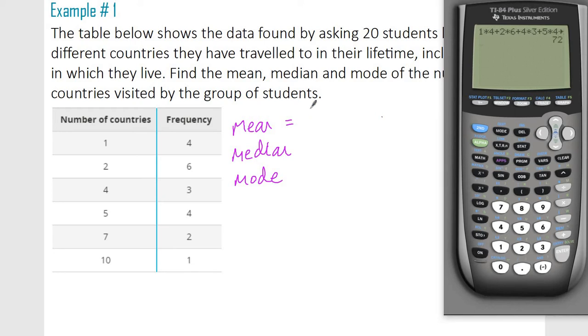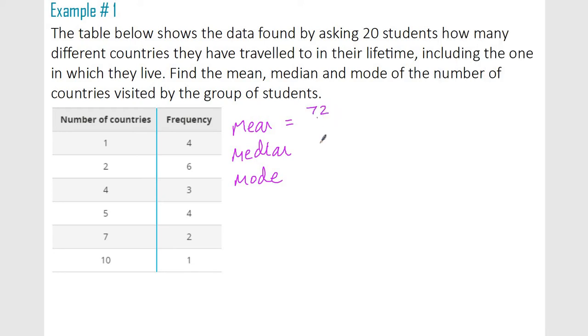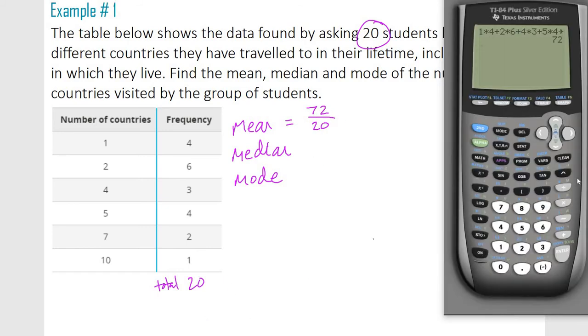Okay, so the sum of all the values is 72. And then the total number of frequencies, let's see, that's 10, 17, 20. Yeah, they said 20 students. So the mean is just 72 divided by 20. So the mean is 3.6.